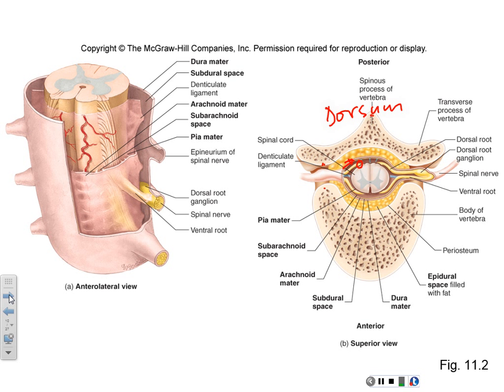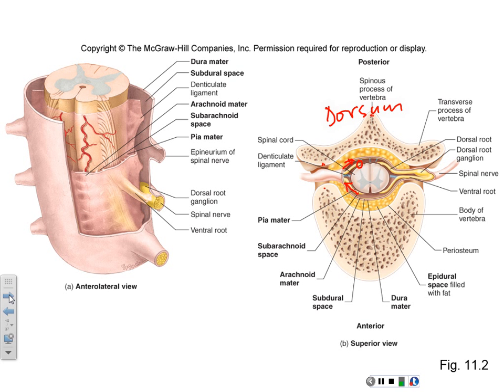And then on the bottom, well, so you have the ventral root, which is the motor nerve, the one that's leading away from the central nervous system. Okay. All right.